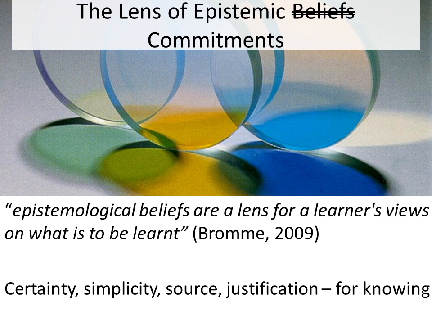So, my area of interest is in epistemic cognition, epistemic beliefs, epistemological beliefs, whichever particular phrase you want to use. And those can be taken as a lens for a learner's views on what is to be learned. Typically that includes how certain people think knowledge is, how simple they think it is, the source of knowledge, and how people justify it.